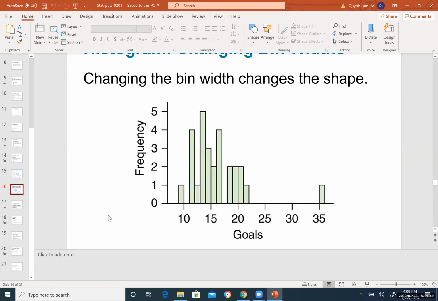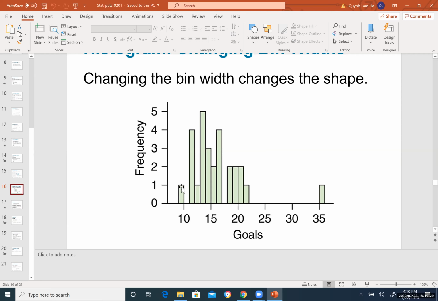And here is another picture. This picture shows changing the bin width. If you do not like the bin width being 3 units apart, you can choose 1 unit or 2 units, it depends on you. For this one, it looks like the size of the bin is only 1 unit. See that?